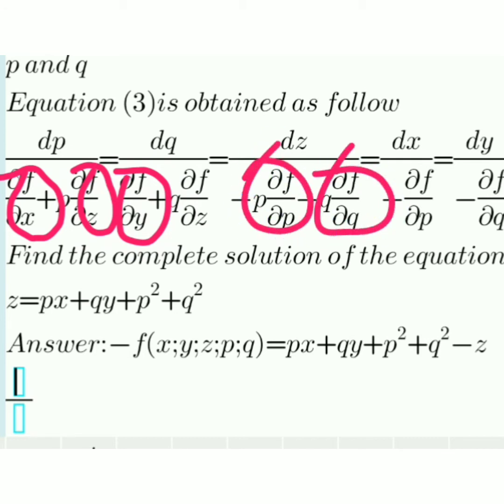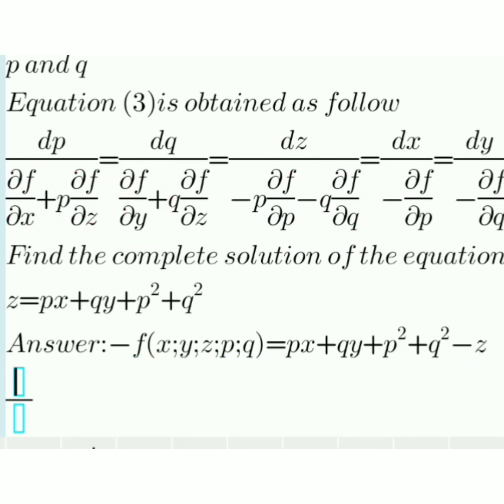I need everything, and here f is my equation. So del f by del x is equal to p, and next del f by del y is equal to q.